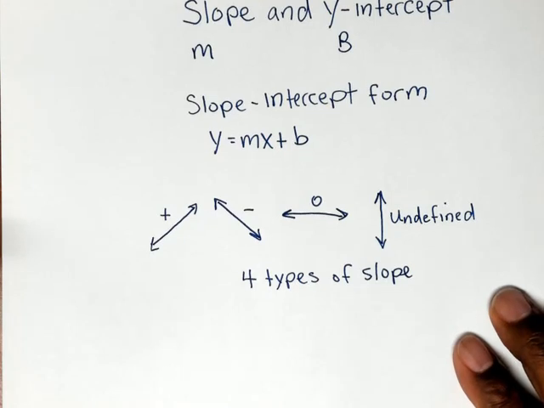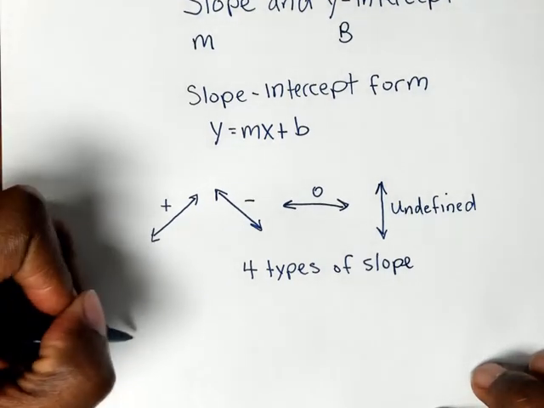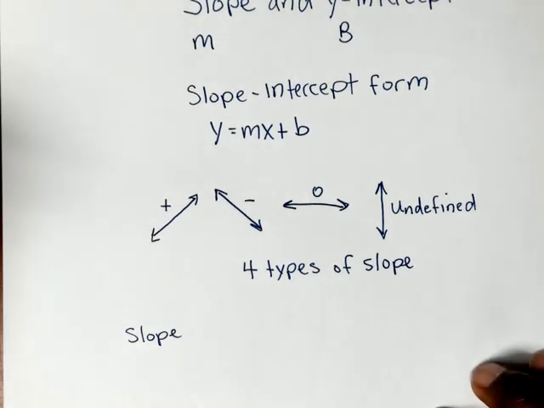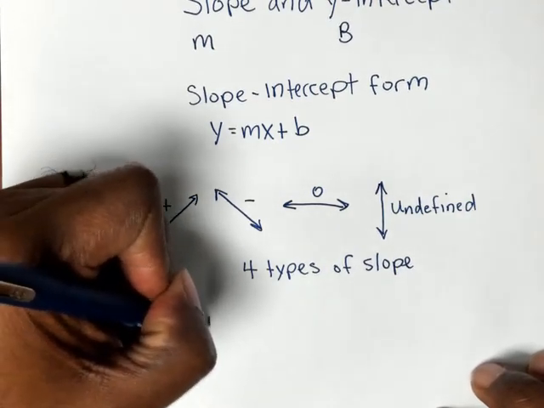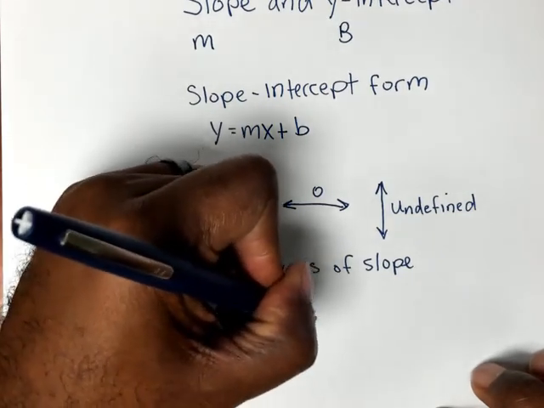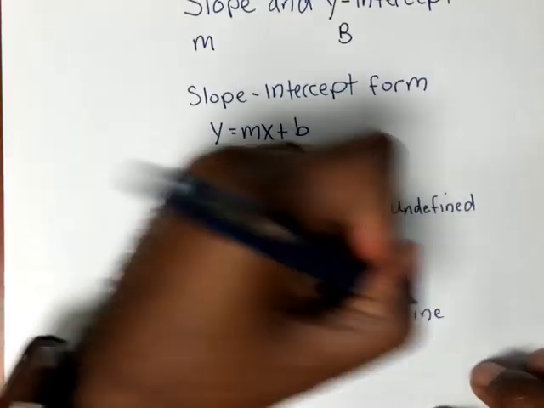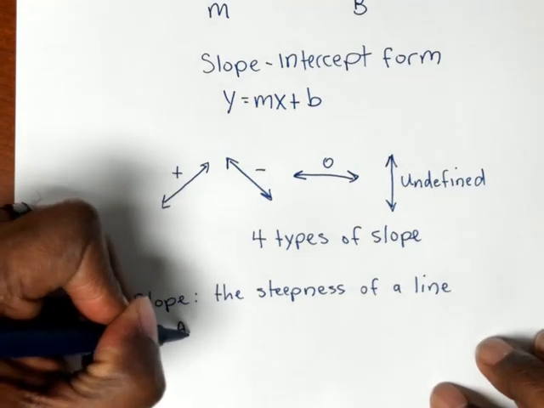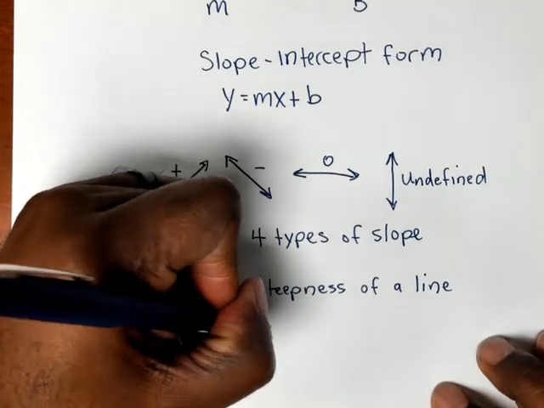Back to what is slope. Slope itself is the steepness of a line. You can watch this in any order if you need to: pause, fast forward, rewind. But slope is the steepness of a line. It's also known as rise over run, or AKA, also known as.